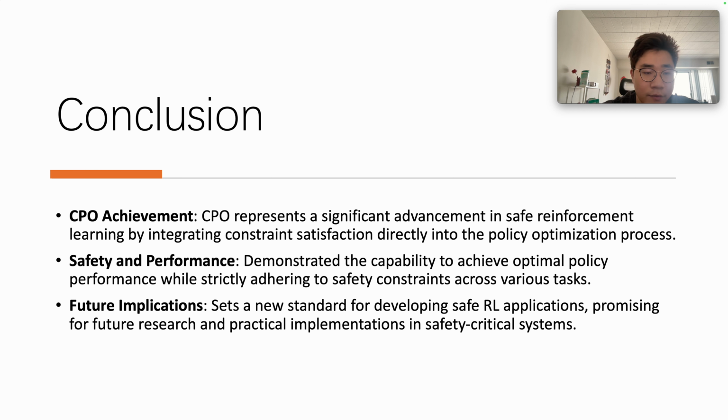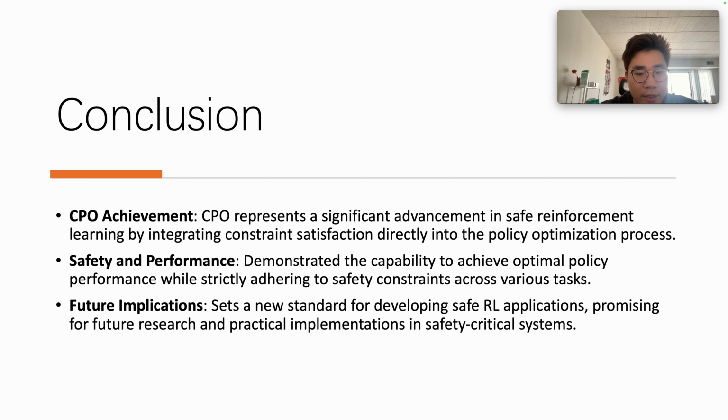It is also safe with good performance and demonstrates the capability to achieve optimal policy performance while strictly adhering to safety constraints across various tasks. And it also sets a new standard for developing future safe reinforcement learning applications, which promises future research and practical implementations in safety critical systems.